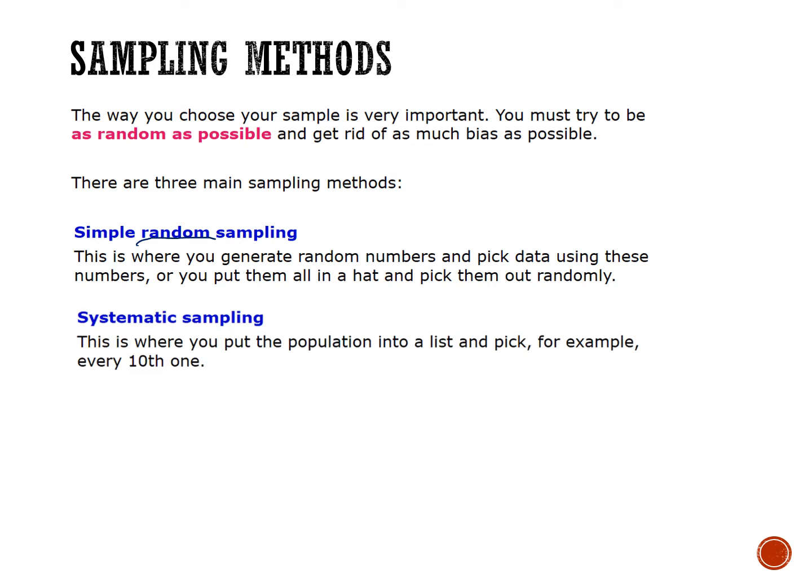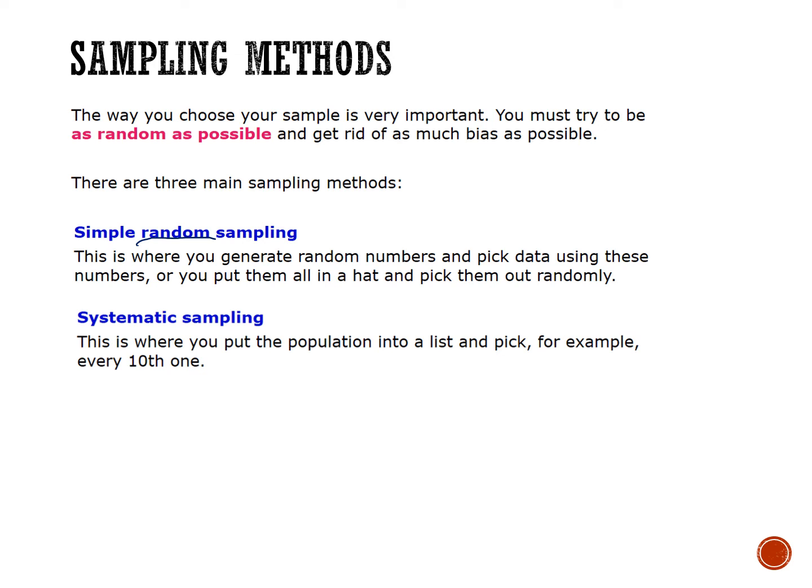Second method, systematic sampling. As you can imagine, it's got the word system in it, you are using a system to collect your data or to choose people. So this might be, rather than putting the numbers in a hat and picking them out, which is completely random, you pick every 10th person in a list once you've numbered them.